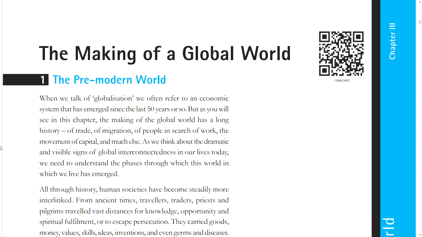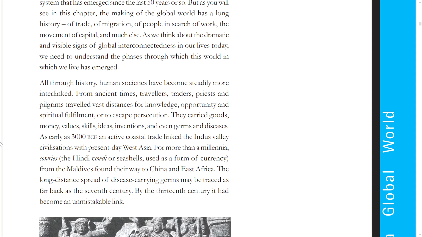As we think about the dramatic and visible signs of global interconnectedness in our lives today, we need to understand the phases through which this world in which we live has emerged. All through history, human societies have become steadily more interlinked.